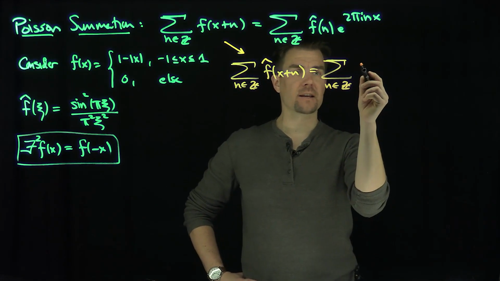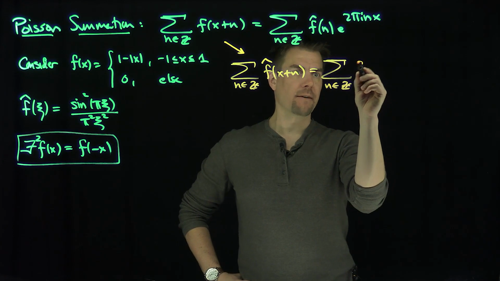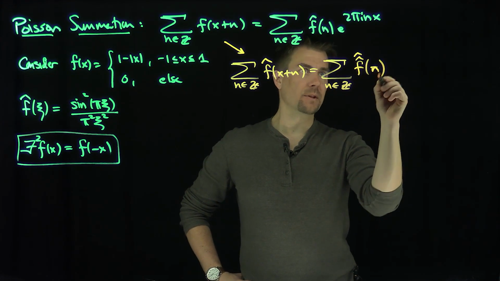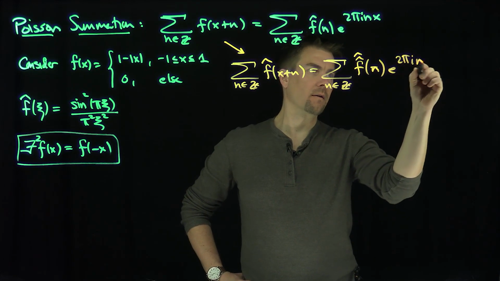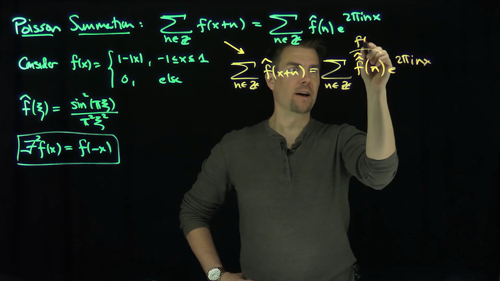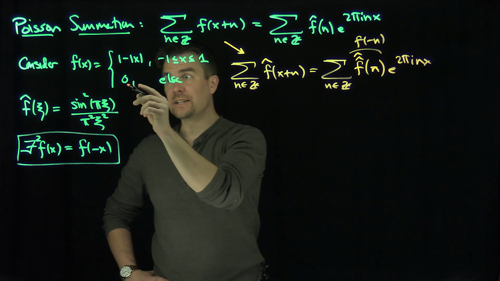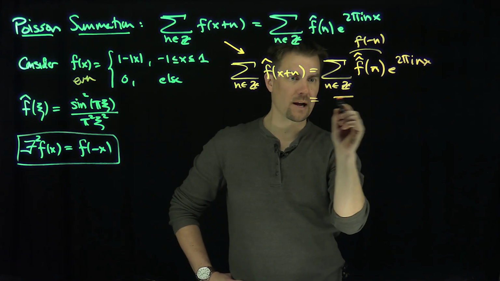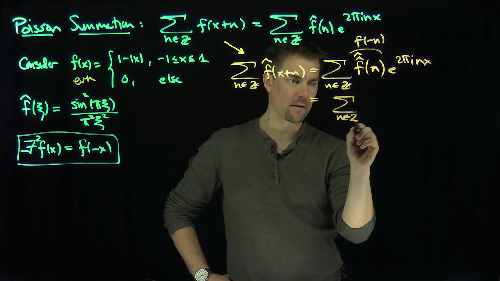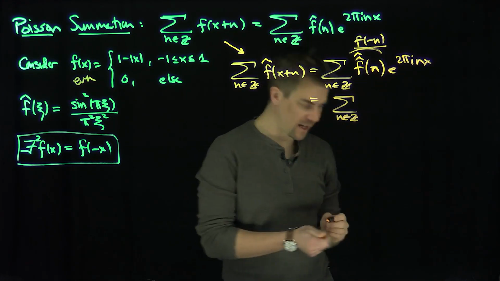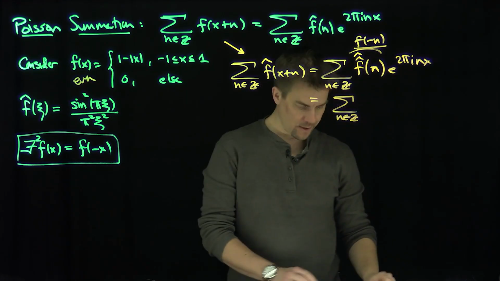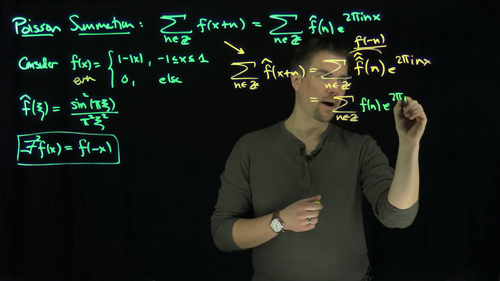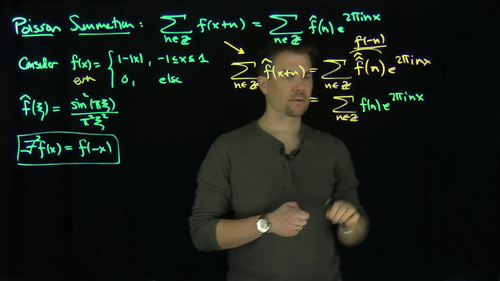That's f hat of negative n, which is going to be the same as f, so this is just going to be f of negative n. And in our case, our function is even. So in general it's f hat of negative n, but for even functions this is going to become f of n e to the 2 pi i n x. Okay, great.